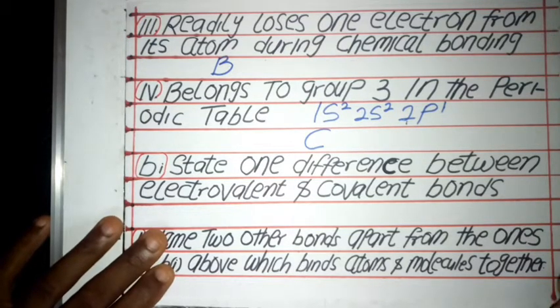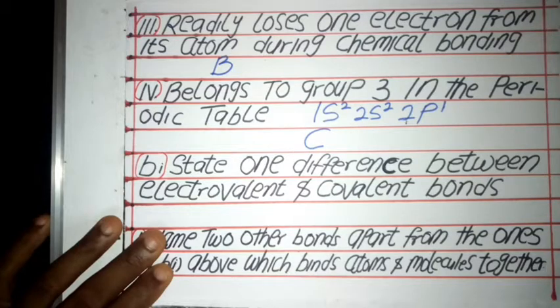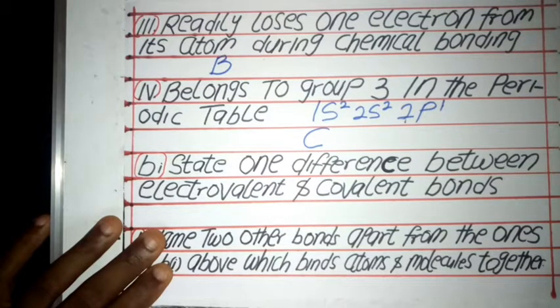All right. This question, state one difference between electrovalent and covalent bonds. One of the major differences between electrovalent and covalent bonds is that electrovalent bonds involve transfer of electrons, mainly from a metal to a non-metal.